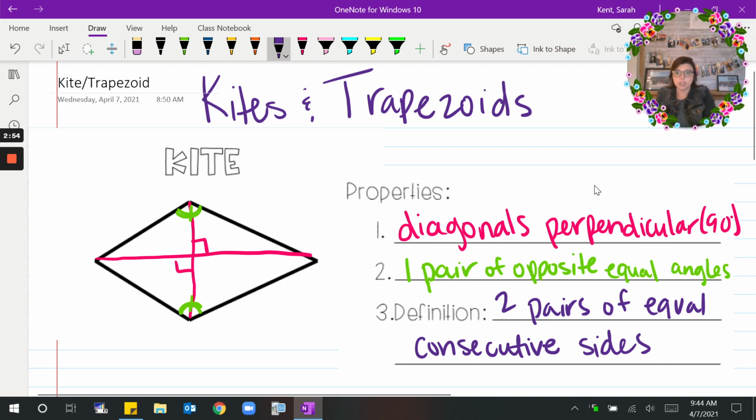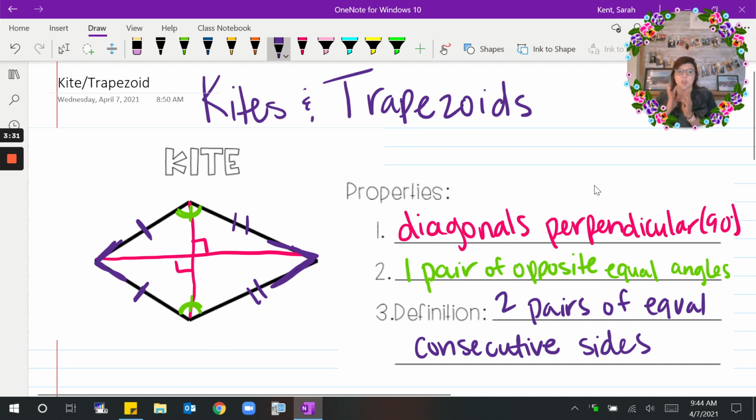So what that would look like is this top piece and this bottom piece are equal. This top piece and this bottom piece are equal. So you can see they share an angle. They're consecutive because they touch. Here they share an angle. They're consecutive because they touch. Unlike with a parallelogram, where it was those opposite sides that were across, bottom, top, side, side, here it's the consecutive, those touching pieces.